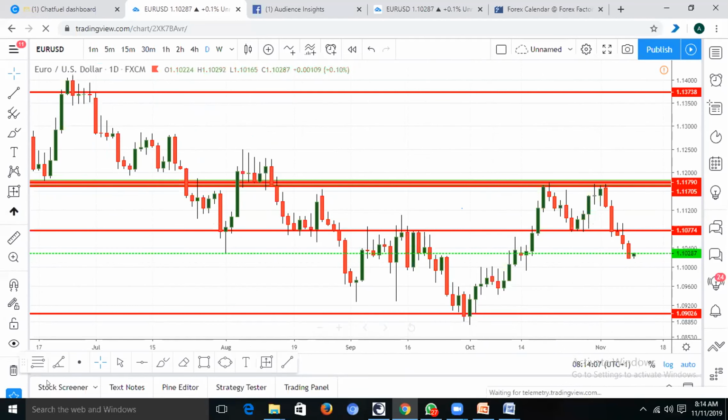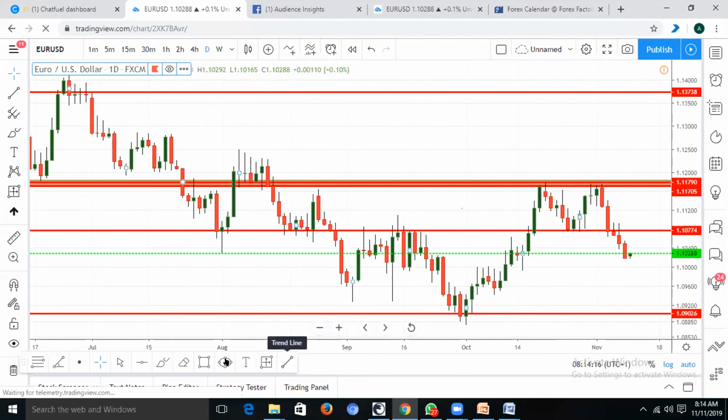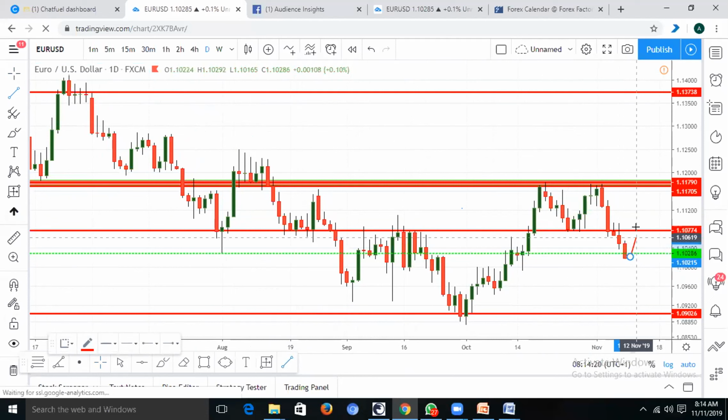Now, if the market retraces, now it's going to do retracement. I'm going to close my trade for Euro USD very soon, or I'll do trading exit.